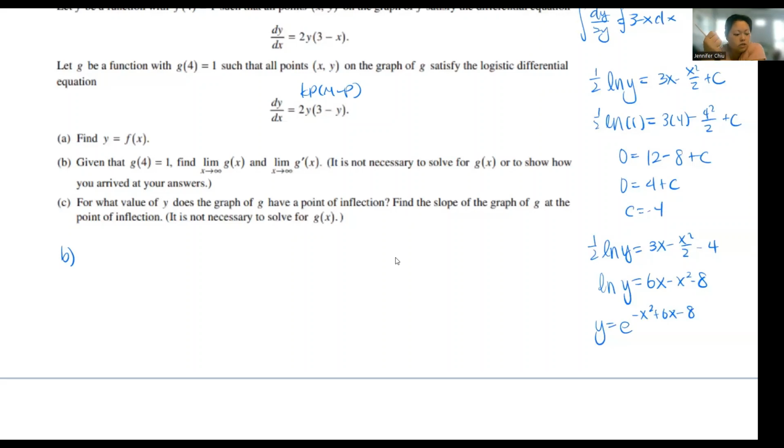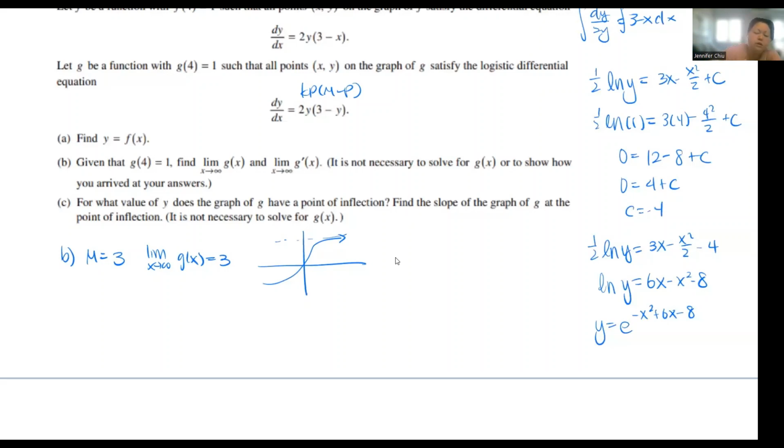Because it's a logistic equation, you can see that m, your carrying capacity, is 3. That means the limit as x approaches infinity of g(x) equals 3, because the graph looks something like so. This is a logistic equation, which means the derivative is going to be horizontal as it approaches infinity. It's a horizontal asymptote.